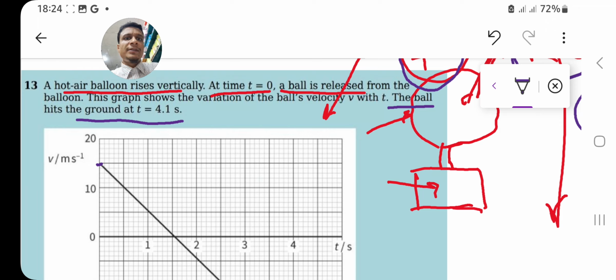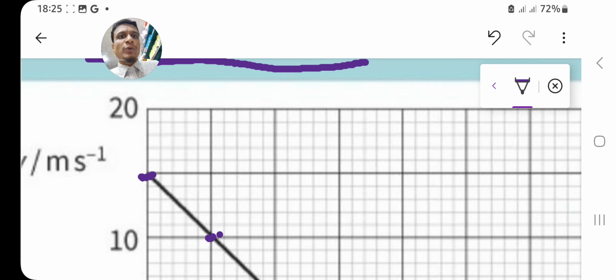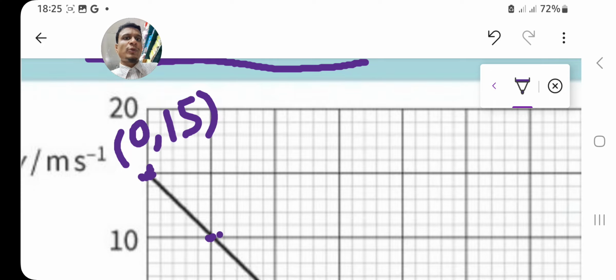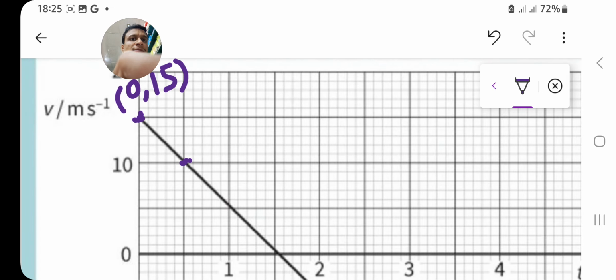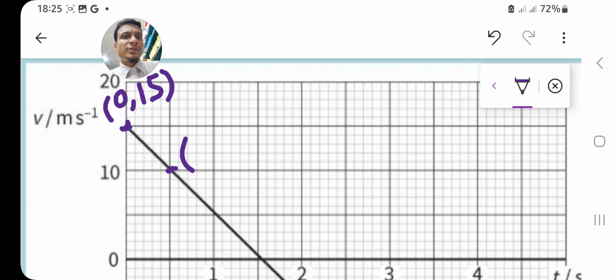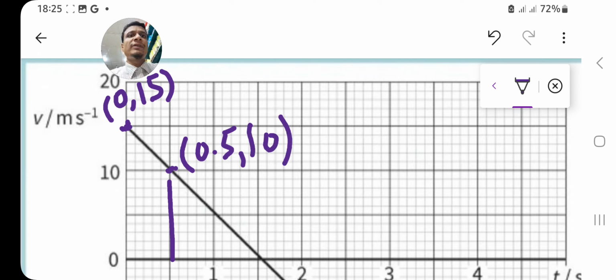Choose this point, which is 0.5 on the x-axis with velocity 10, and this other point, which is 0 on the x-axis with velocity 15. By using these 2 points, we will find the gradient or the slope of the given line.